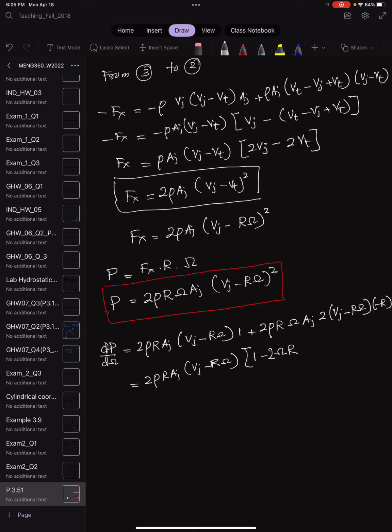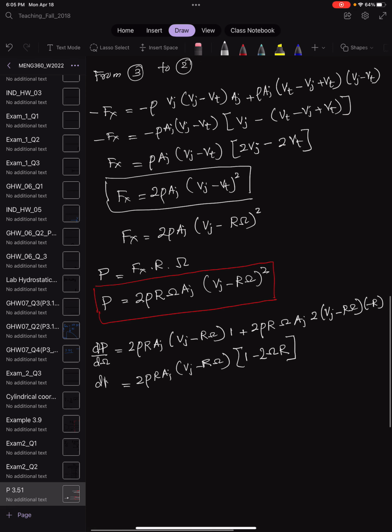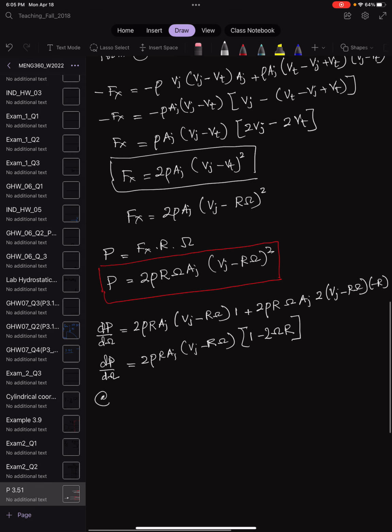And then 2 r aj omega is left in here, 2 left in here, and negative r in here, so you get negative sign. All right, so this is dp over d omega at maximum p.